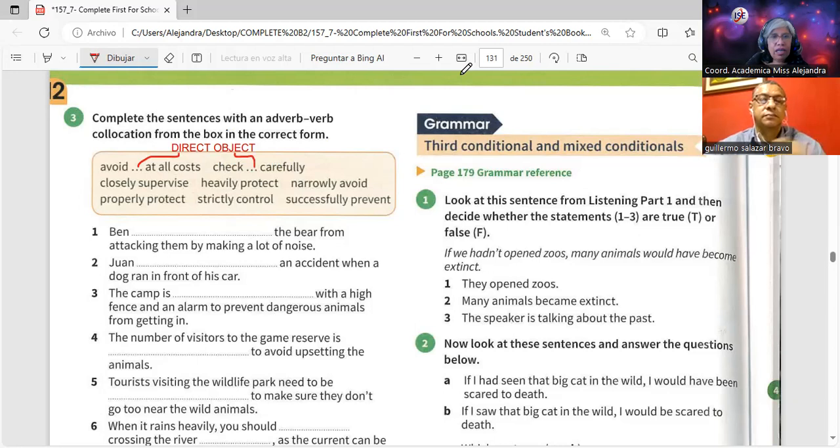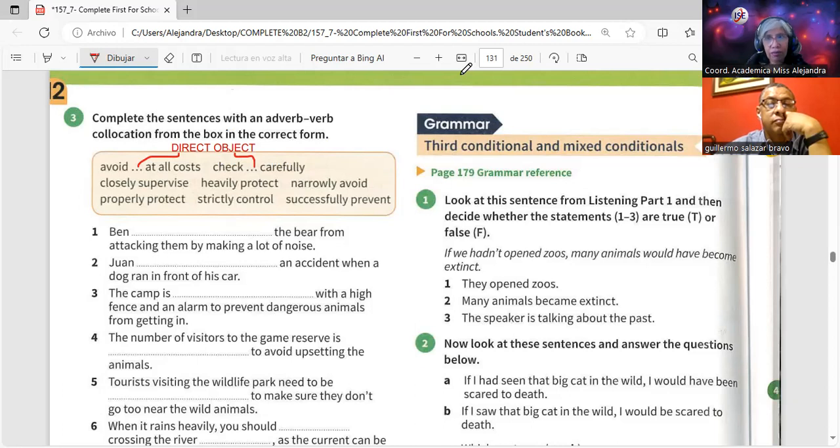For example, people who are drunk must avoid driving at all costs. Or before you hand in a test, you must check your test carefully.